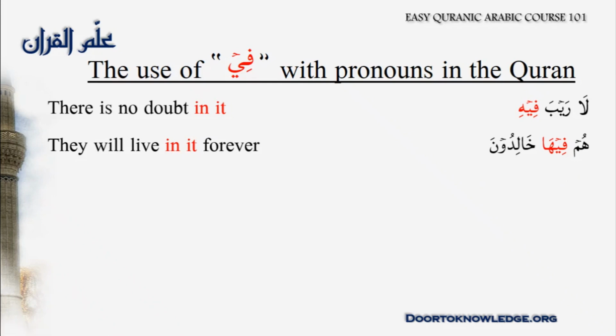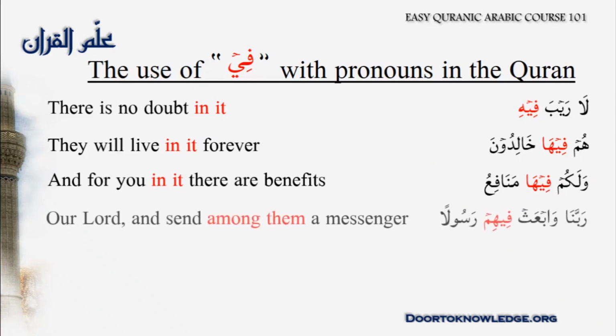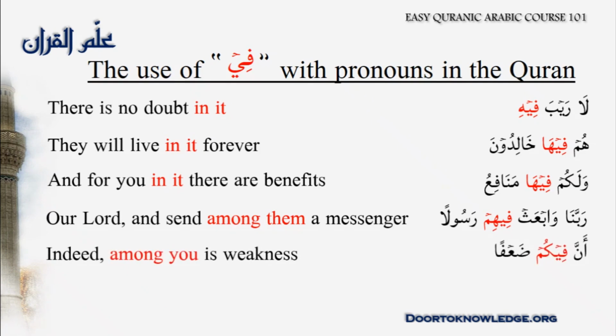Walakum fiha manafi'u, and for you in it there are benefits. Rabbana wab'ath fihim rasula, our Lord, and send among them a messenger. Fihim, among them. Anna fikum du'fan, indeed among you is weakness.